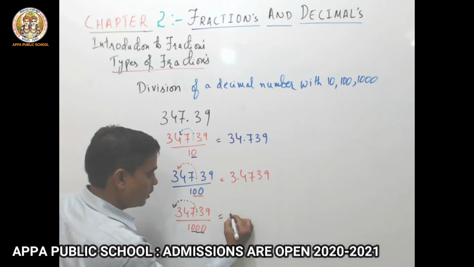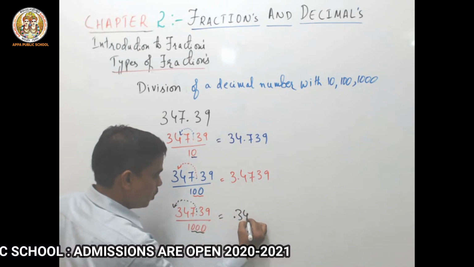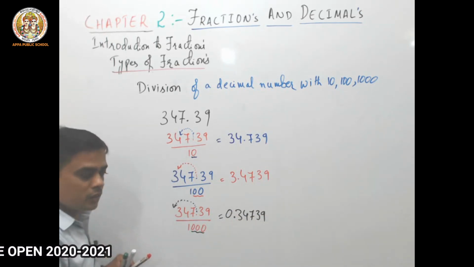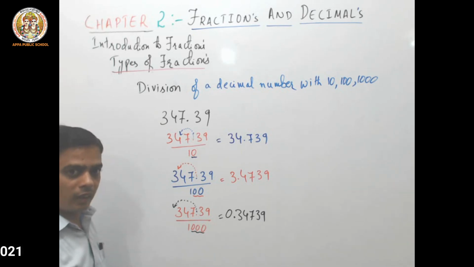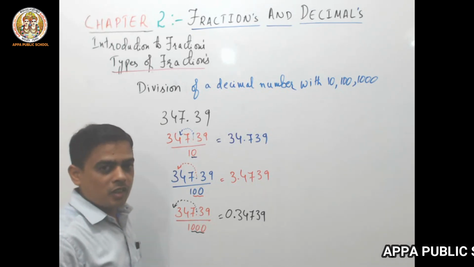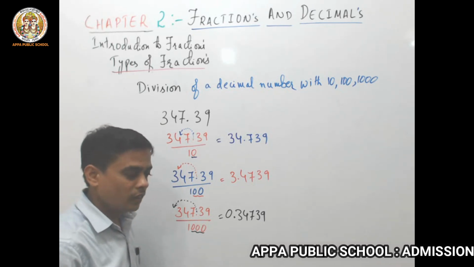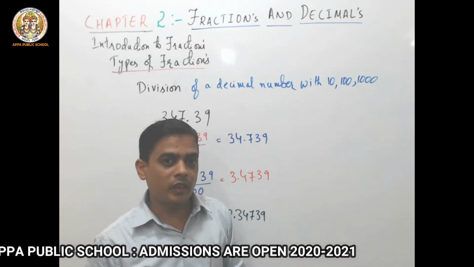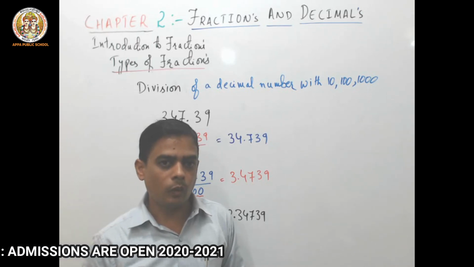So how much will it be? 0.34739. This is the case of division. In the next part, I will start with exercise 2.1. Thank you.